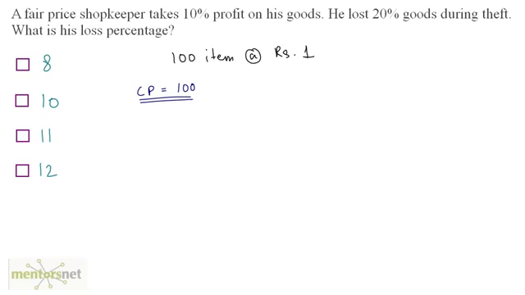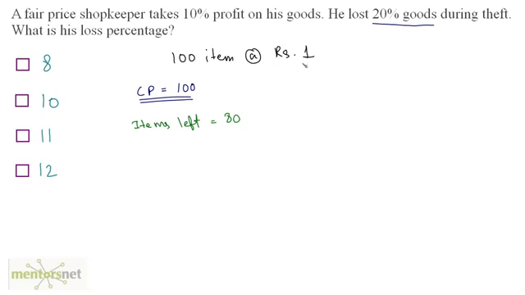Now it is said that he lost 20% of goods during theft, which means out of those 100 items, 20 items got stolen. So items left is 100 minus 20, which is 80.